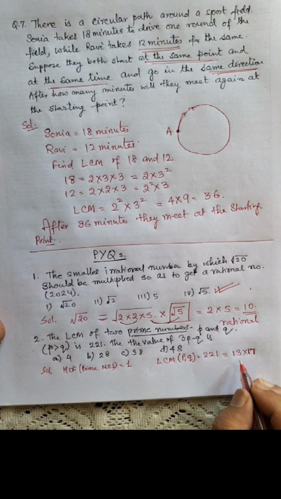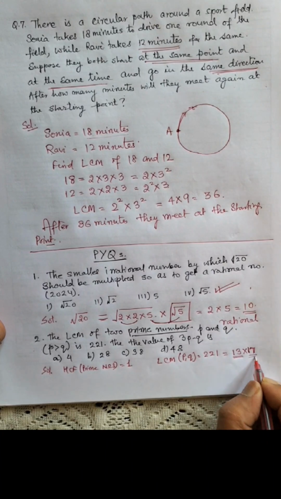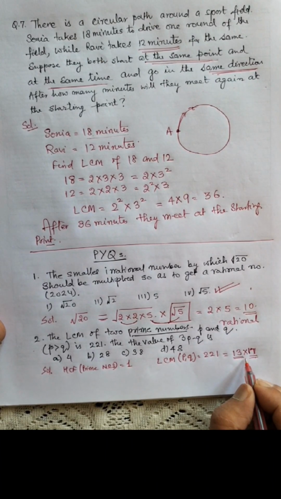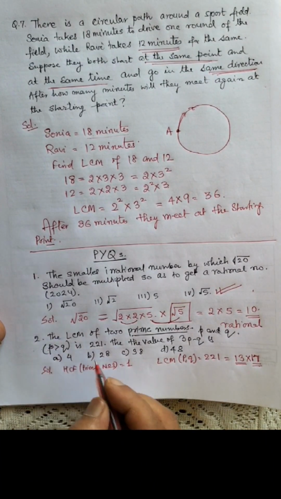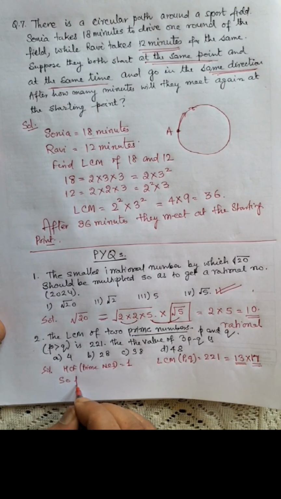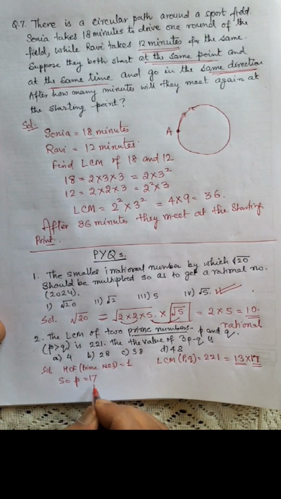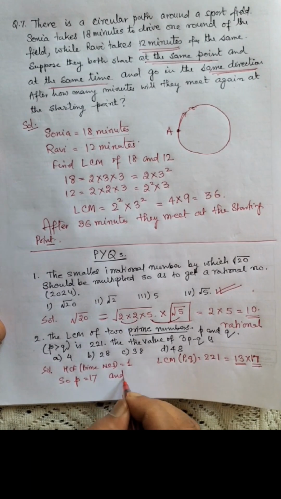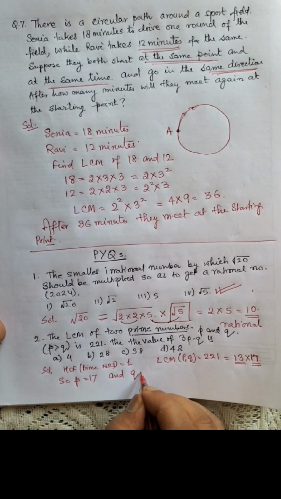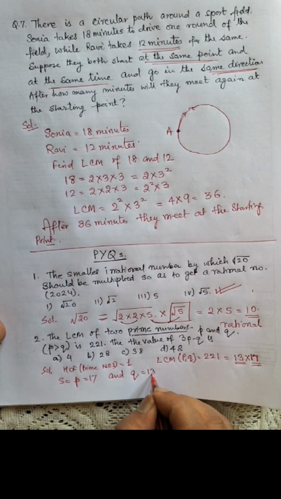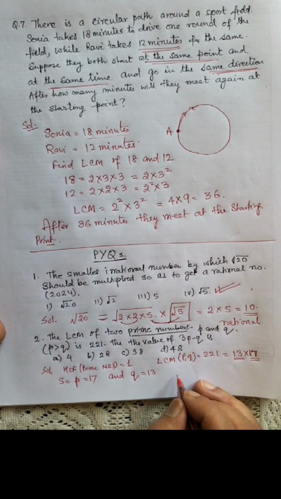Now this is a prime and this is a prime, so these are two prime numbers. P is greater than Q, so P is 17 and Q is 13. Now you can simplify it.